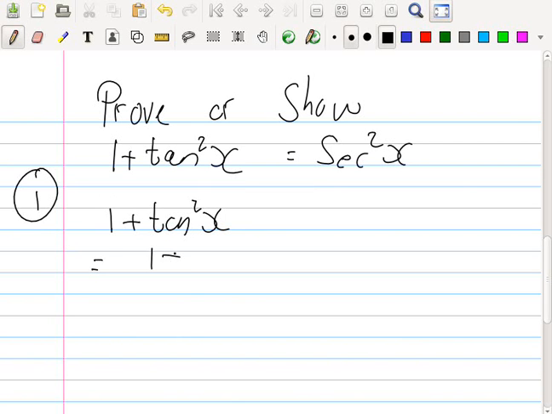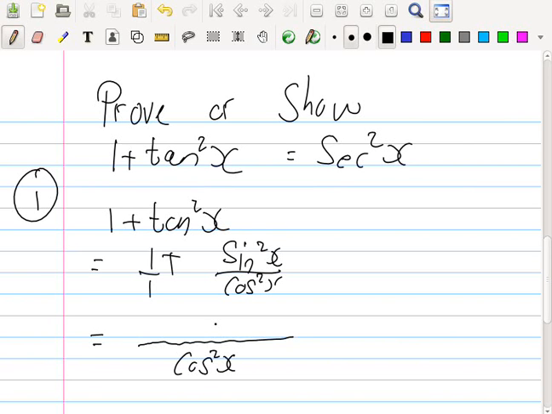So what can we say tan squared is? Sine squared over cos squared. Now if you pause for a moment, we're trying to get one term. And how many have I got here? I've got two terms. So the logical thing next to do would be to add them together to make one fraction. And then we have cos squared plus sine squared.